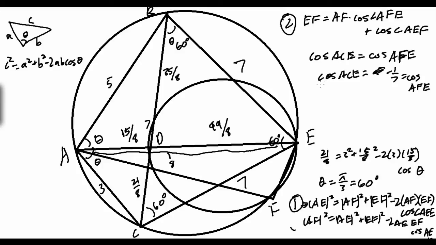So we know that cosine AFE is negative 1/7. Now let's see. Angle DEF is equivalent to angle AEF. Okay, let's draw another line.